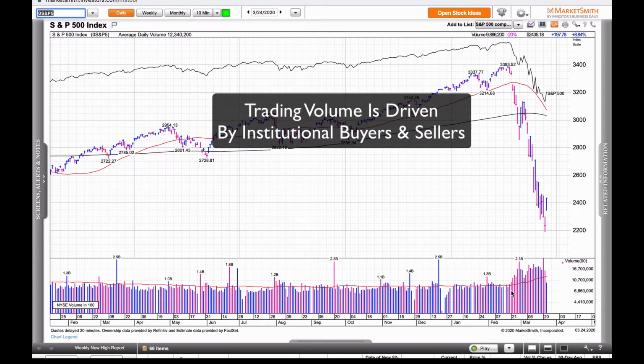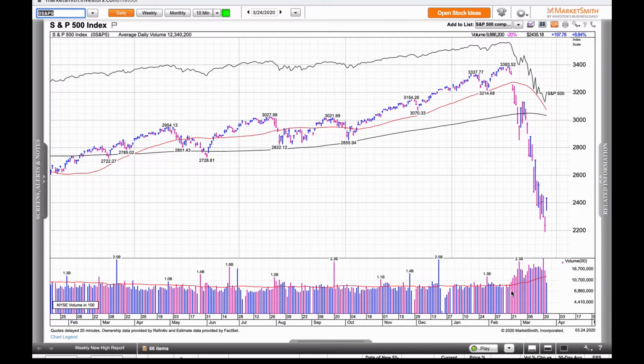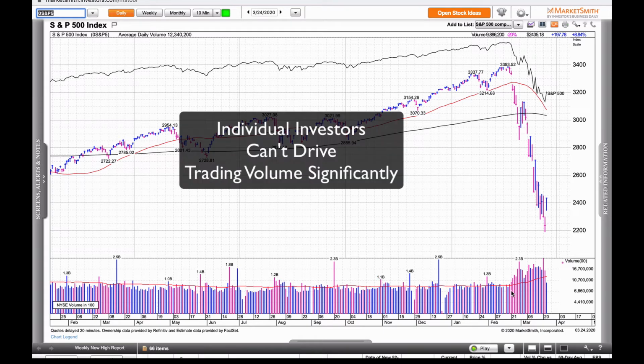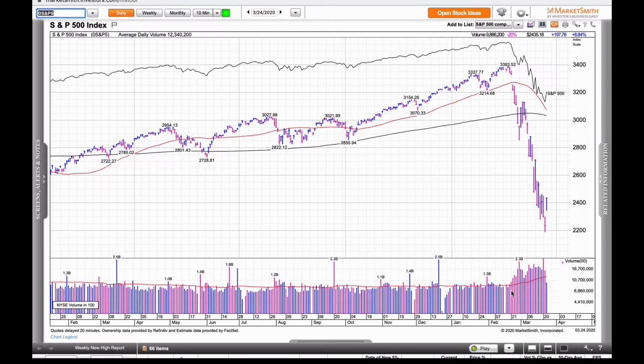So that's mutual funds, banks, pension funds, insurance companies, entities that buy huge numbers of shares. And if you have a 401k, for example, your funds are some of those major buyers that are driving the price and volume action. Individual investors cannot really make a dent with their purchases. So that's just something for everybody to keep in mind.